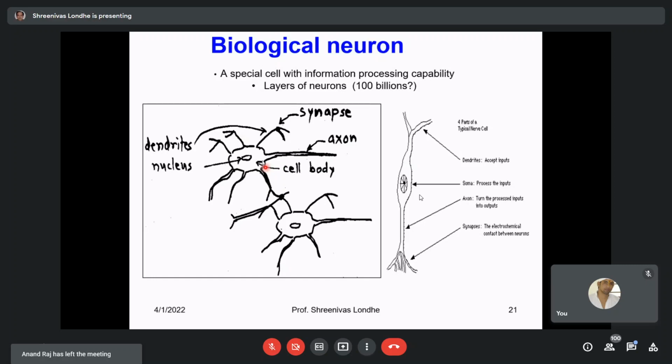So when the signal travels from the sensing organs to the central nucleus, it has to travel through this neurotransmitter fluid. If that neurotransmitter fluid is not there, then there is difficulty in transmitting the signal. So we should always keep that in mind.